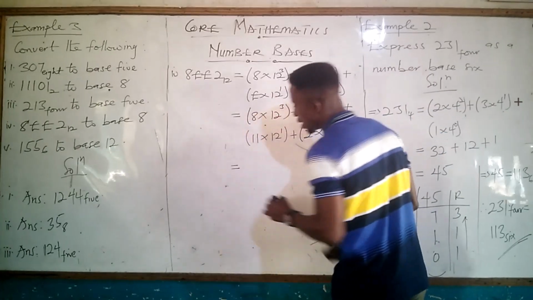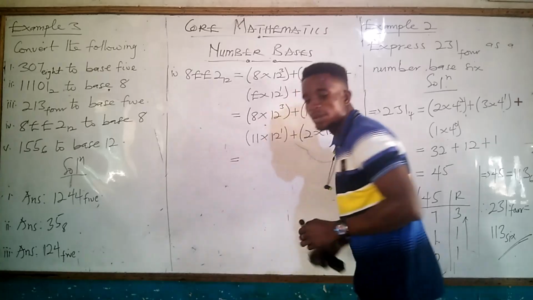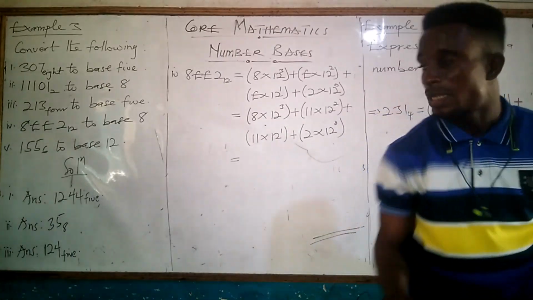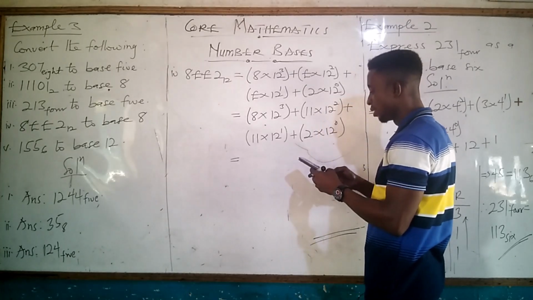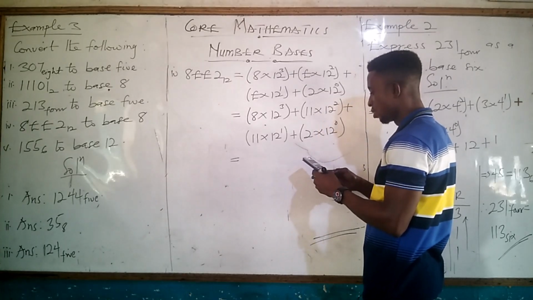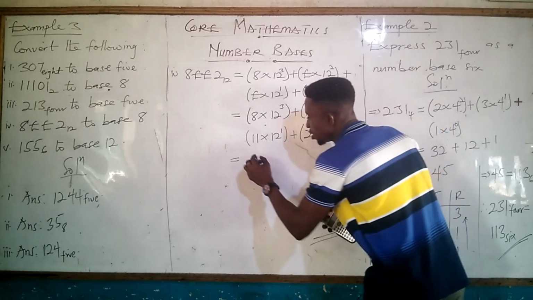So this one will now get us. Instead of me expanding this one, I want to put it straightforward on the calculator. So 8 times 12 exponent 3, and that one gets me 13,824.